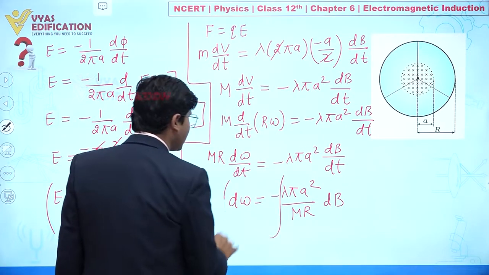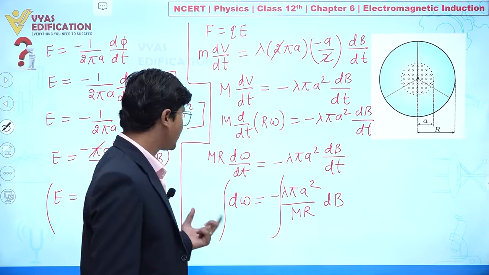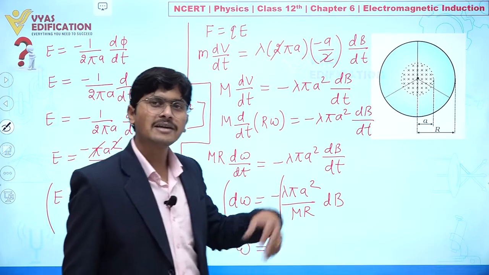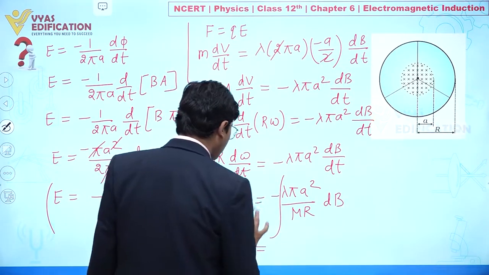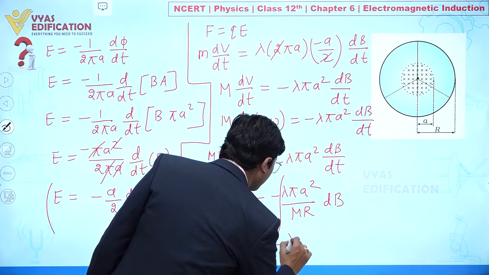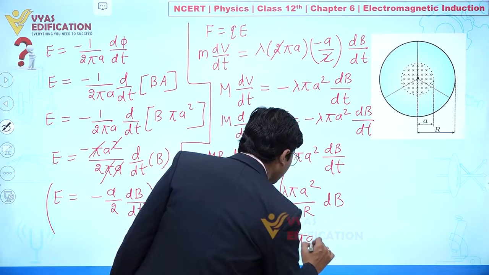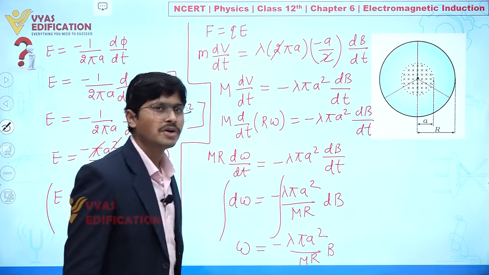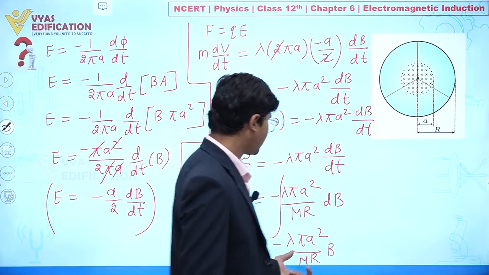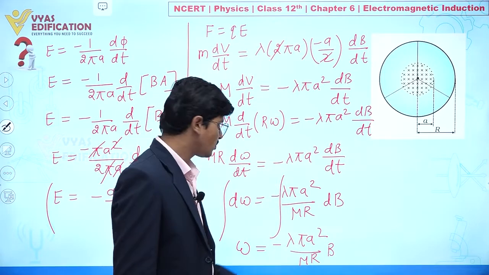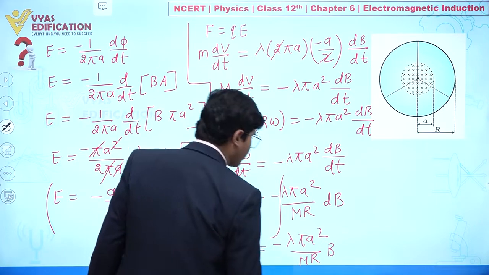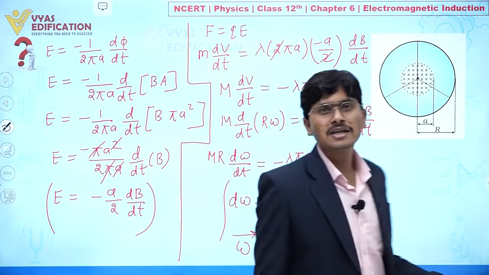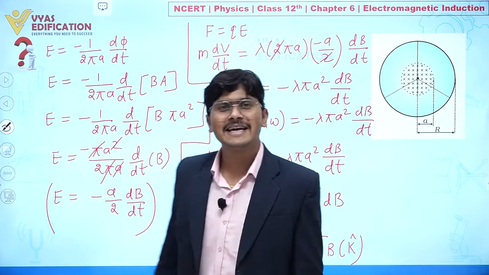Now if I integrate both sides, and put in the initial values to find the constant term, we get omega equal to minus lambda pi a squared divided by mR into B. In vector form, this is along k. The minus sign indicates that the direction of this angular velocity is in the negative z direction.